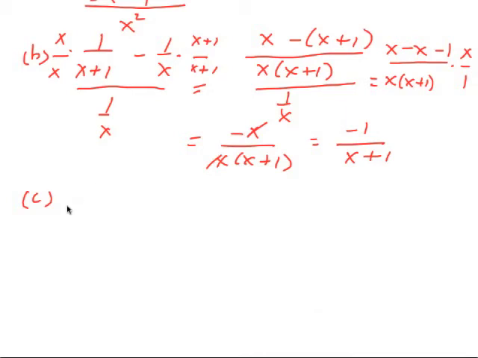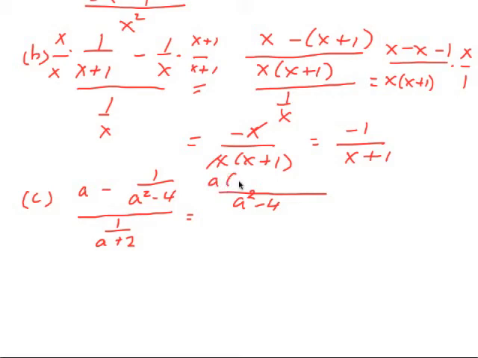Let's suppose we want to use a minus 1 over a squared minus 4, over 1 on a plus 2. So again we're going to need a common denominator in the top.